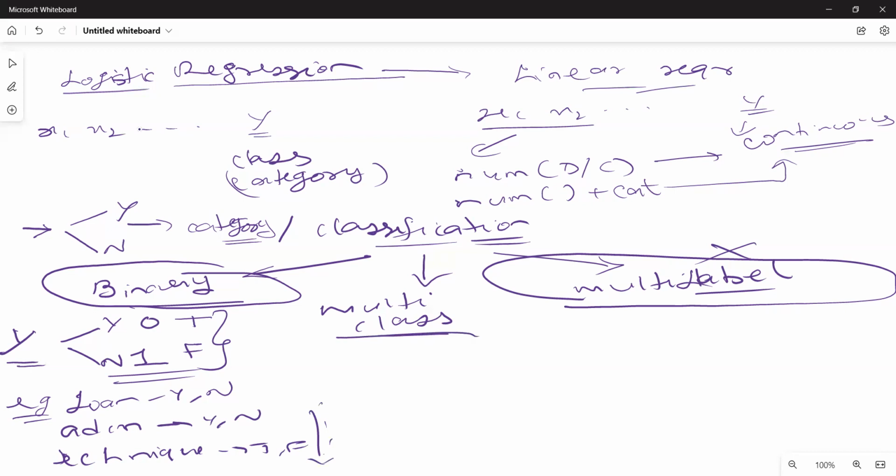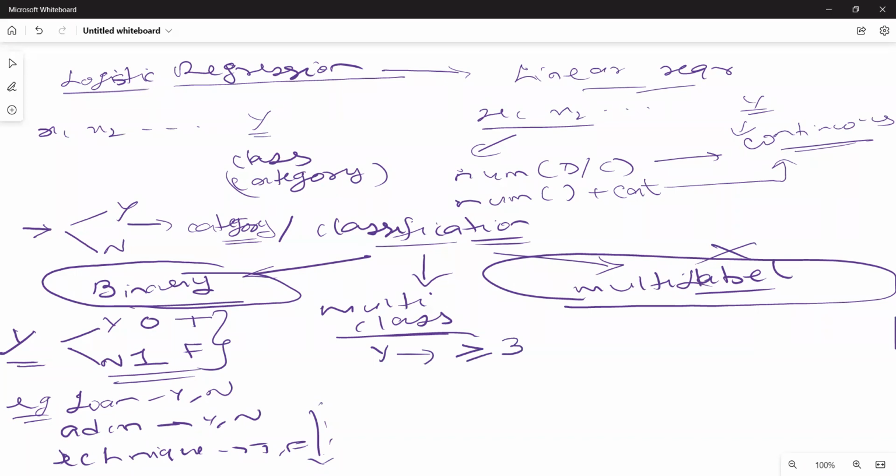Then we have the second variety, which is called multi-class classification, where the y variable can belong to any one of multiple classes, where the number of classes is greater than or equal to 3.